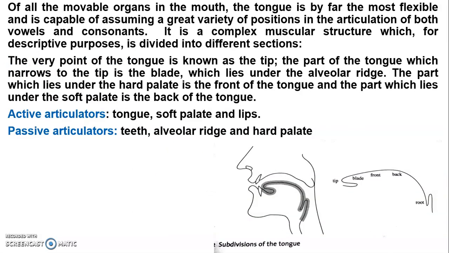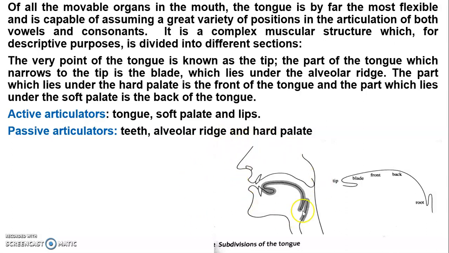Of all the movable organs in the mouth, the tongue is by far the most flexible one, and it's capable of assuming a great variety of positions in the articulation of vowels and consonants. It's a complex muscular structure which, for descriptive purposes, is divided into different sections.